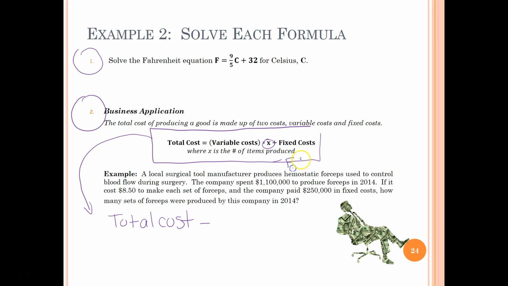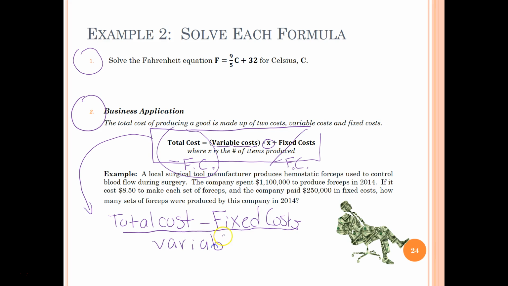I'm just going to call it FC over here, minus fixed costs, minus fixed costs. Now notice, in doing so, these go away, and we're left with total cost minus fixed cost equals variable cost times x. So in order to get x by itself, we're going to have to divide both sides by variable costs. That's going to leave us with x, and in this case, that represents the number of items produced.